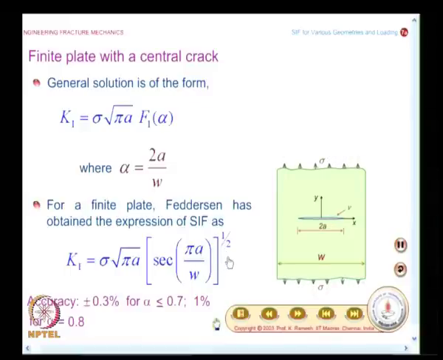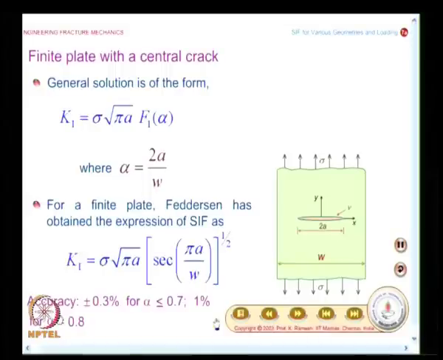This he obtained purely from heuristic arguments, and what the literature says is later on people tried to attach a theoretical development which did not really succeed, but nevertheless this is fairly accurate. You find the accuracy is plus or minus 0.3% for alpha less than 0.7, and it is within 1% for alpha equal to 0.8. Whatever final expressions and accuracy I give, these are from the handbook written by Murakami. The stress intensity factor handbook has this information.